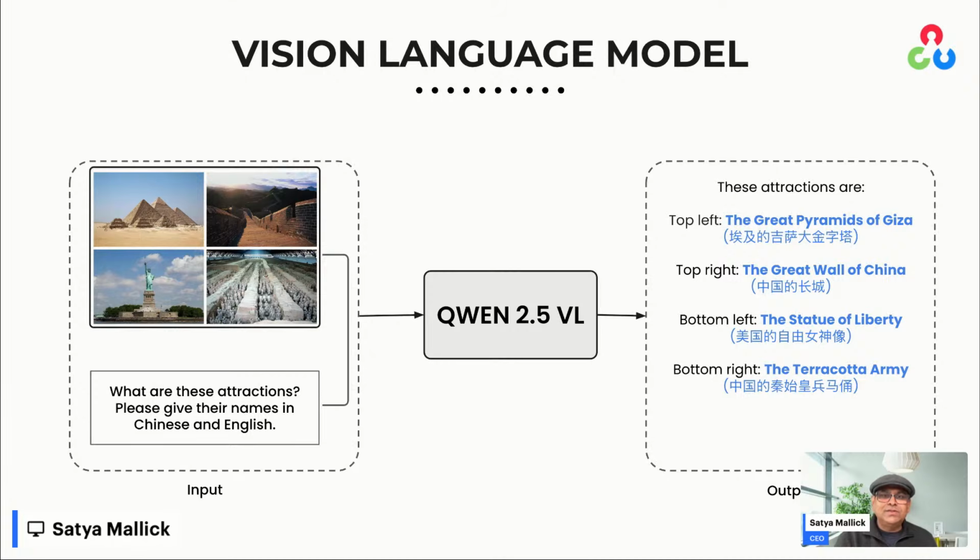The model is so capable that you give this complex image, it figures out the structure and layout of the image, that it's not a single image but a collection of 4 images. And then it is able to say what the various attractions are. This is a very powerful capability, which just a few years back, in fact a year or 2 back, was not possible.